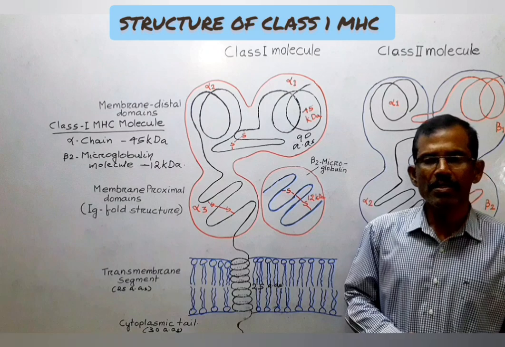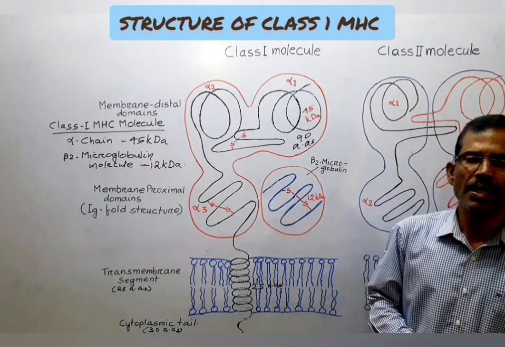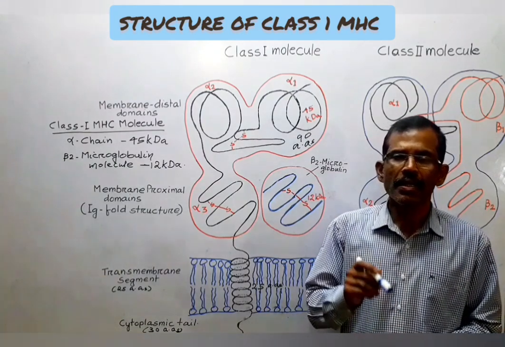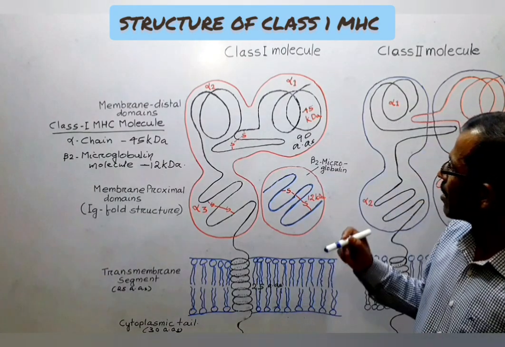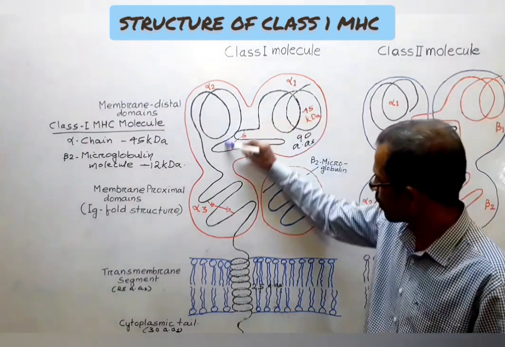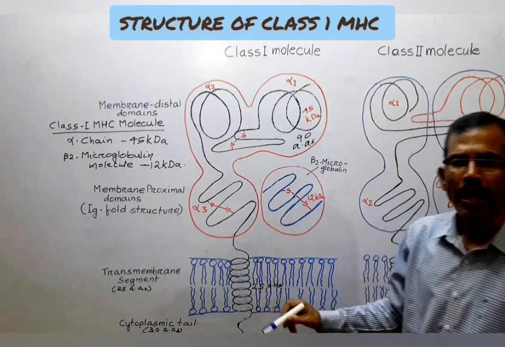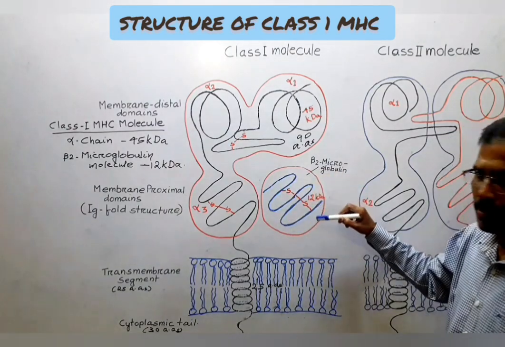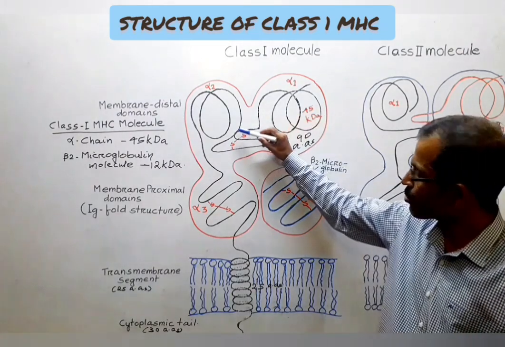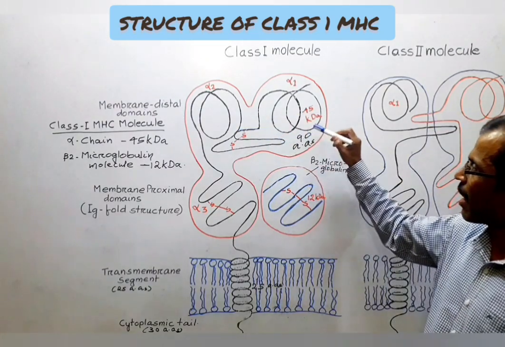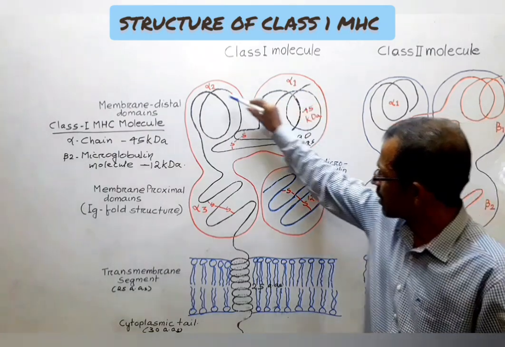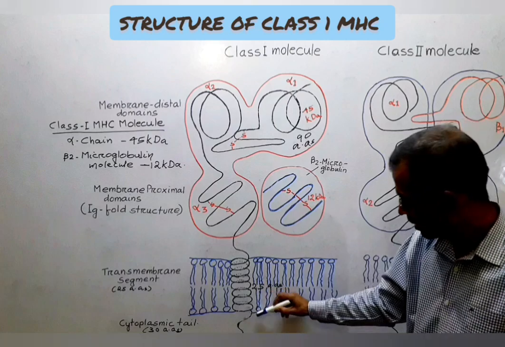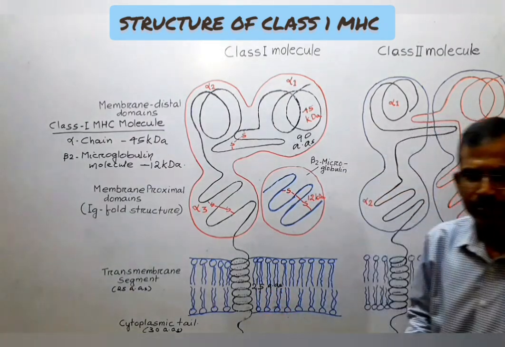They specialize in presenting antigens that originate from the cytosol, such as viral proteins. A single class 1 MHC molecule is composed of a 45 kilodalton alpha chain and a 12 kilodalton beta 2 microglobulin molecule. The alpha chain, also known as heavy chain, is organized into three external domains, a transmembrane domain and a cytoplasmic anchor segment.